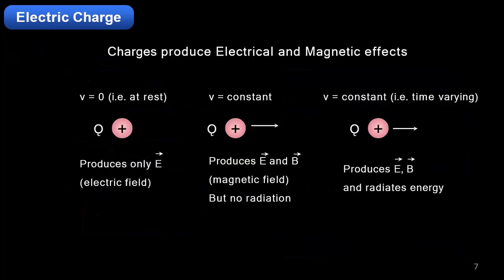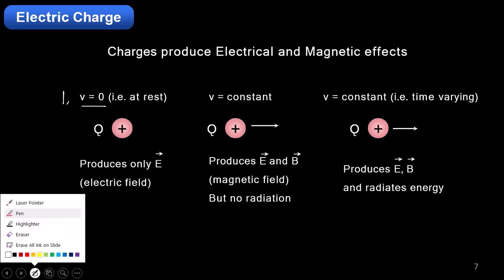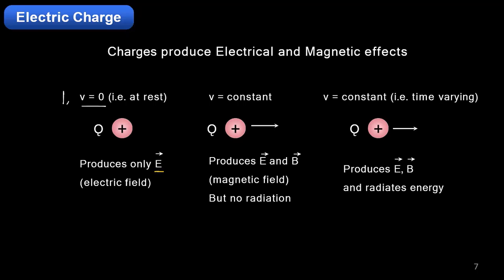So summary wise, first is that the particle is at rest. Whenever the particle is at rest, it can produce only the electric field. Second category is that the particle is moving at constant speed. So V is constant. For that it produces E and B both, but no radiation of energy.